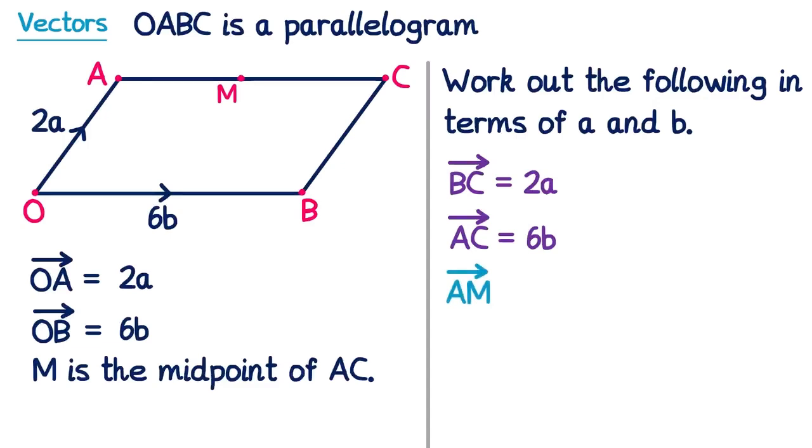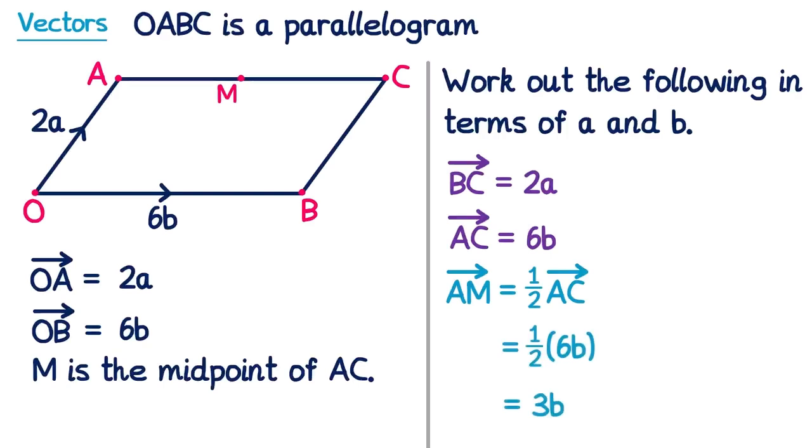So to get from A to M must be half of that vector. So we could write that AM is half of the vector from A to C. And the vector from A to C was 6B, so it's half of 6B, which is 3B. So the vector from A to M is 3B.